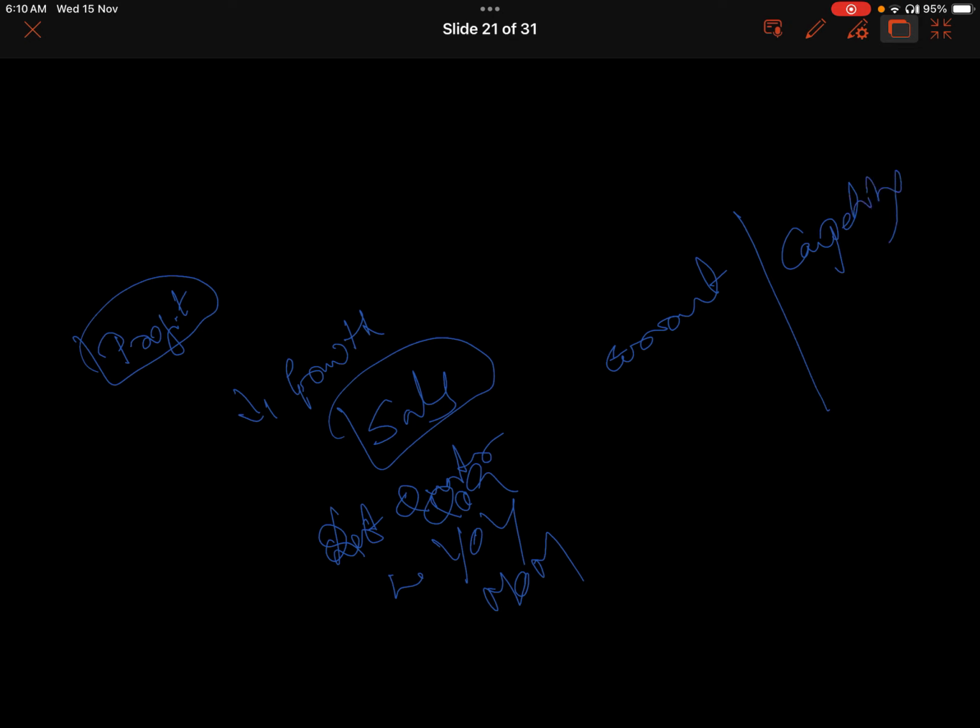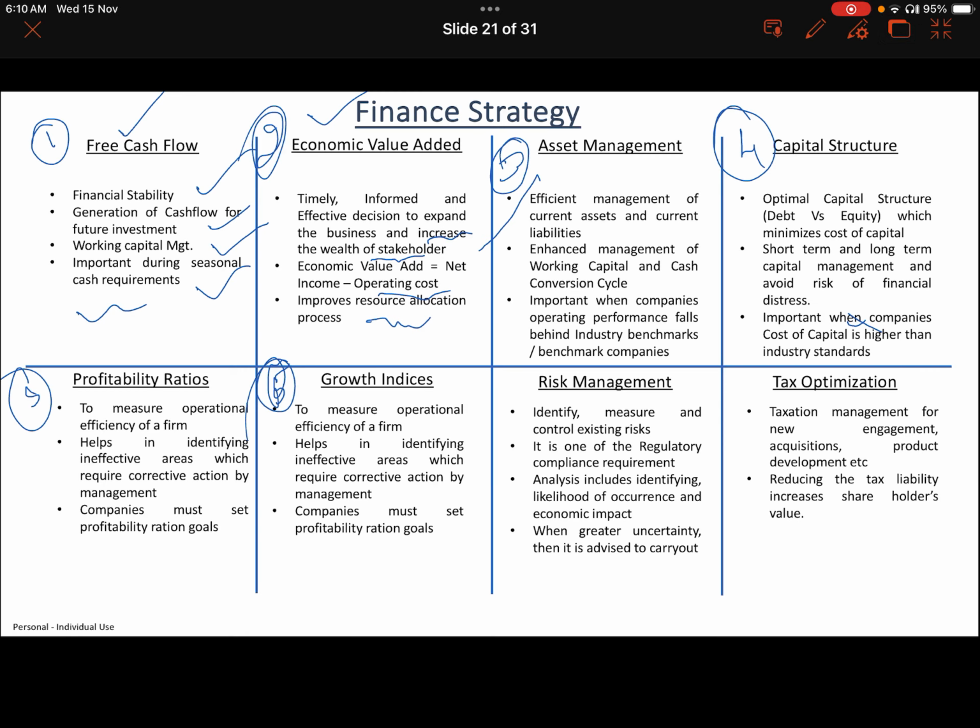All these things are part of finance strategies under growth indices. They will compare quarter on quarter, year on year, and month on month performance, and what competitors are doing. All these will be studied as part of finance strategy, and the relevant strategies will be made.